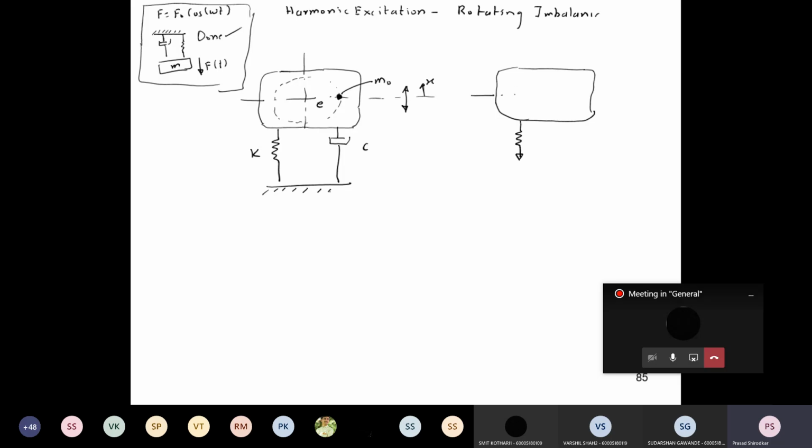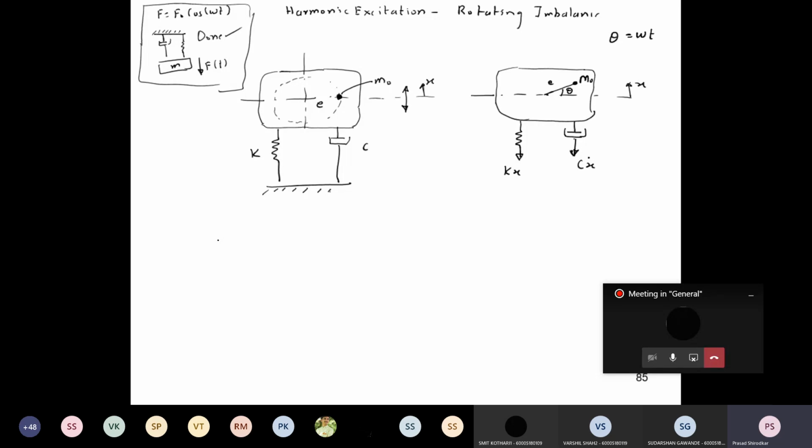So this is moving up, and then this mass has moved to some angular position theta, and this theta will be equal to omega t. All right, because that is the frequency with which the mass is moving, and this mass is m0. All right. So you have your spring force here, and also there is a damper. You have your damping force, that is Cx dot.